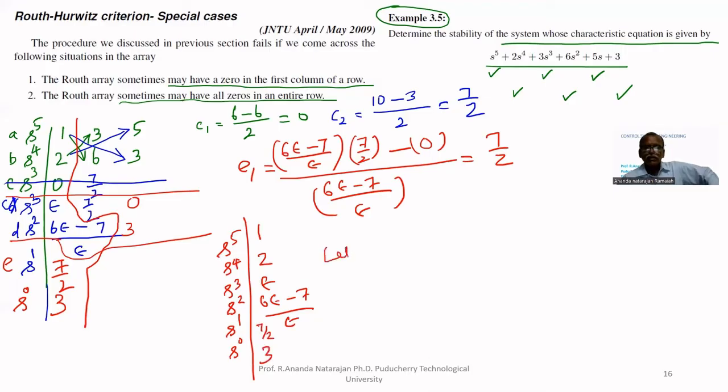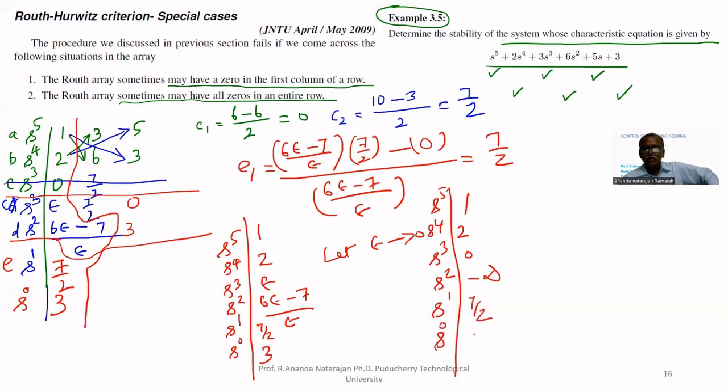Now let epsilon tend to 0. What will you get? S power 5 is 1, S power 4 is 2, S power 3 is 0, S power 2, if you apply 0, minus 7 by 0, therefore minus infinity. S power 1 is 7 by 2, S power 0 is 3.